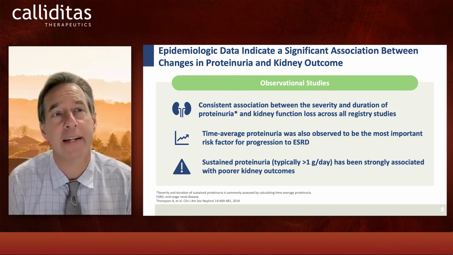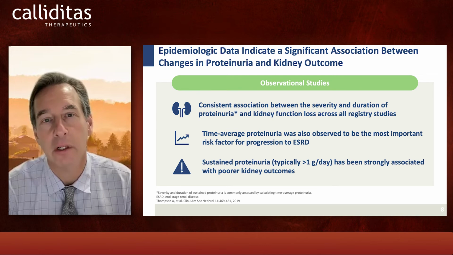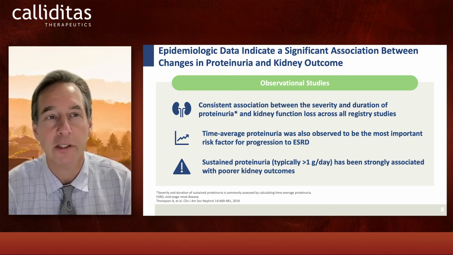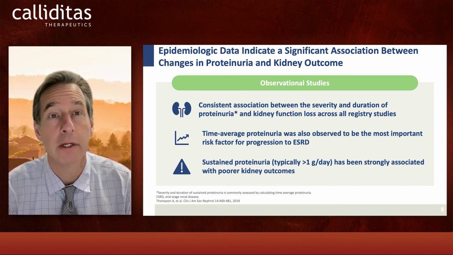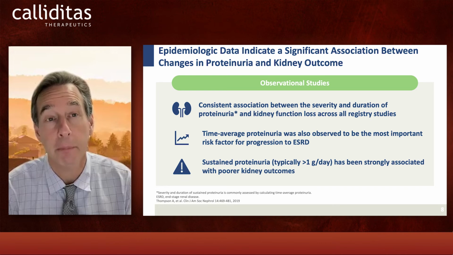And when we look at epidemiologic data, evaluating those classic outcomes and other markers that might predict those classical outcomes, we hope that we have an effective shortcut, because epidemiologic data do indicate a significant association between changes in proteinuria and the kidney outcome.